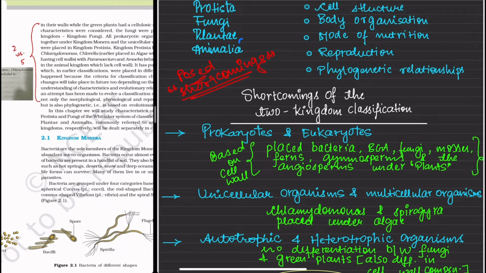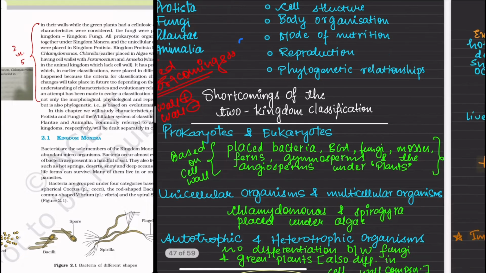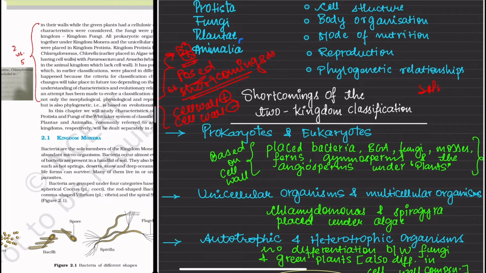So this two kingdom system poses problems, and the solutions are given by five kingdom. We will see one by one what problems are posed by the two kingdom system of classification and what solutions are provided by five kingdom. So, shortcomings of the two kingdom system.